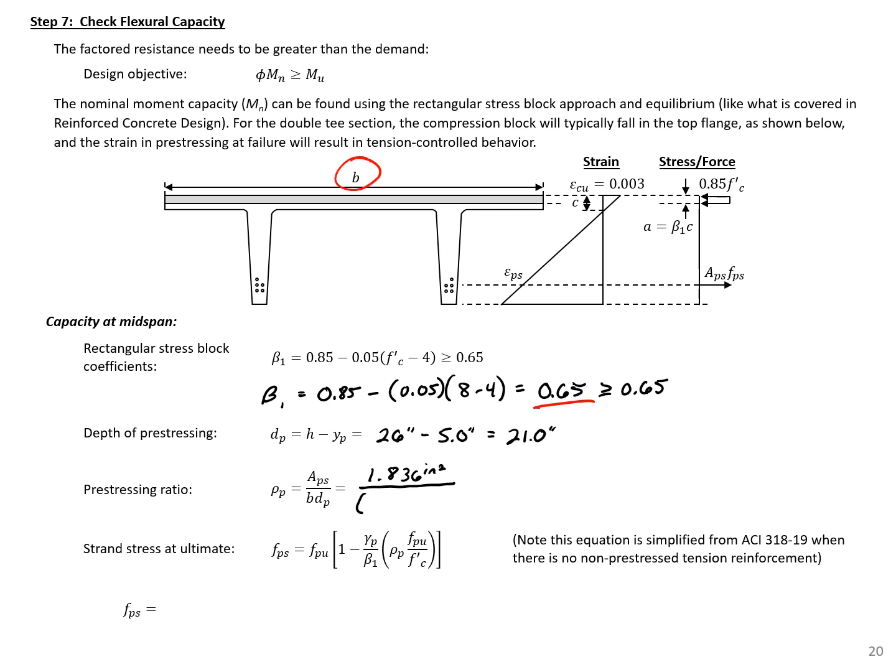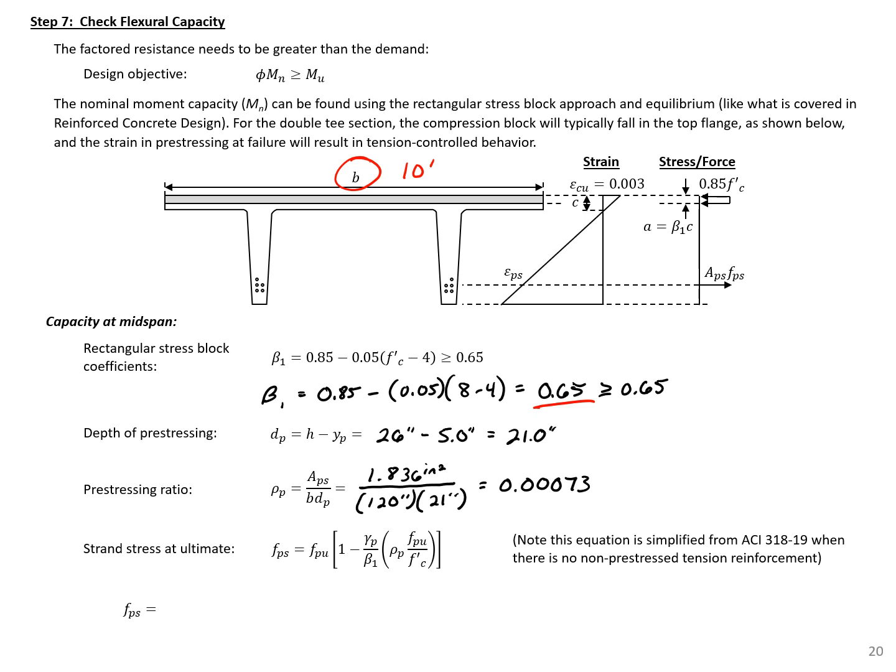So our compression region width is the width of the top flange, 10 feet or 120 inches, times d_p, which is 21 inches. So our rho here is going to be 0.00073.